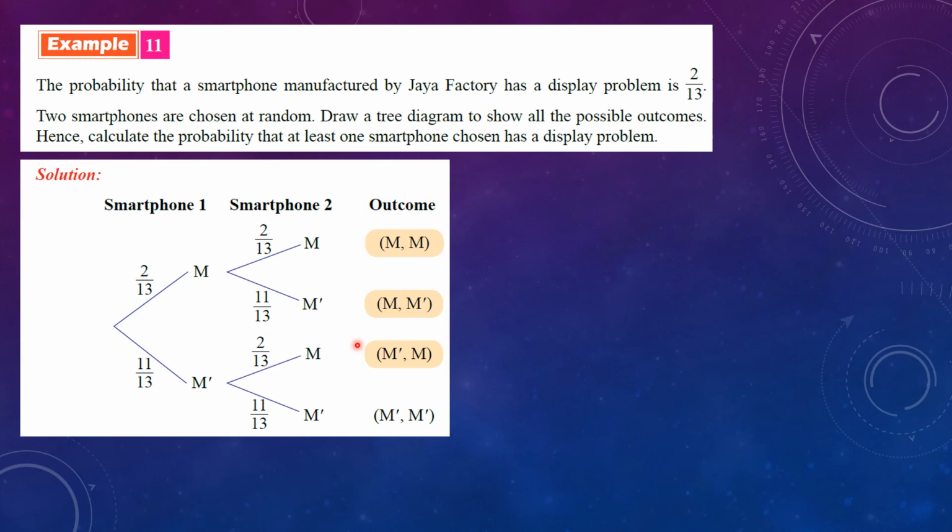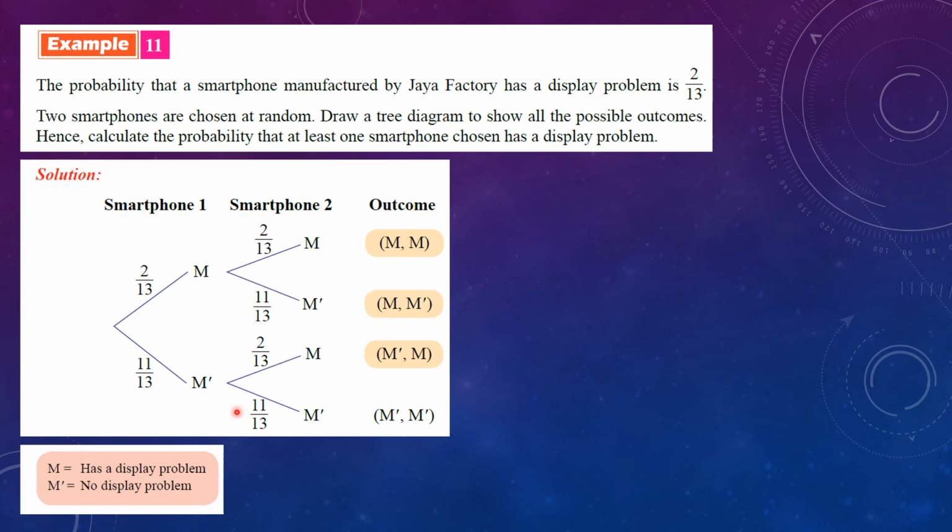So, you want to draw the tree diagram first. Here you have two letters given, M and M prime. M has a display problem and M prime has no display problem. So first you draw two branches here. 2/13 here is for display problem.